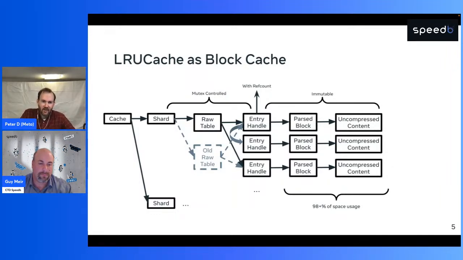But this means that one of your operations is going to lock the mutex, and then double the size of the table, iterating over all the entries while holding the mutex. I think in practice this is not a big deal, but it does probably cause some slight hiccups as your DB is getting started.